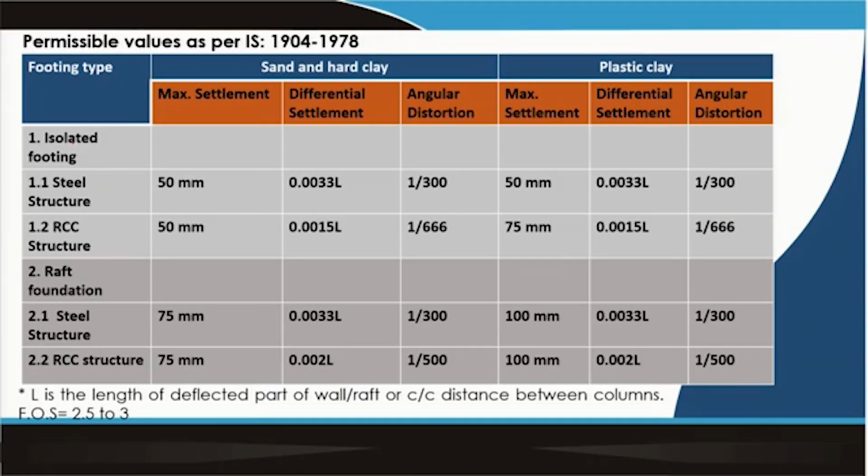But in this case, we will assume that the soil parameters are more or less the same, or there is no significant difference in the loading amount and the soil parameters. So, we will check only the maximum settlement. But remember that the maximum settlement check alone is not sufficient, though in most cases this is the major check. If the soil parameter or the loading amount is different on different columns or foundations, then you have to check the other two, that is the differential settlement and the angular distortion.